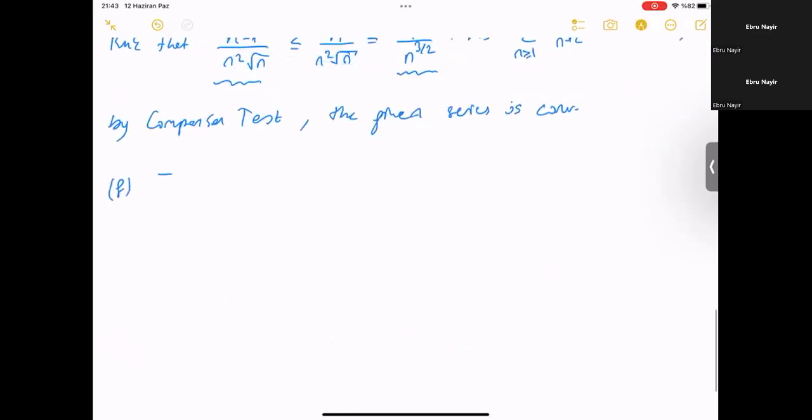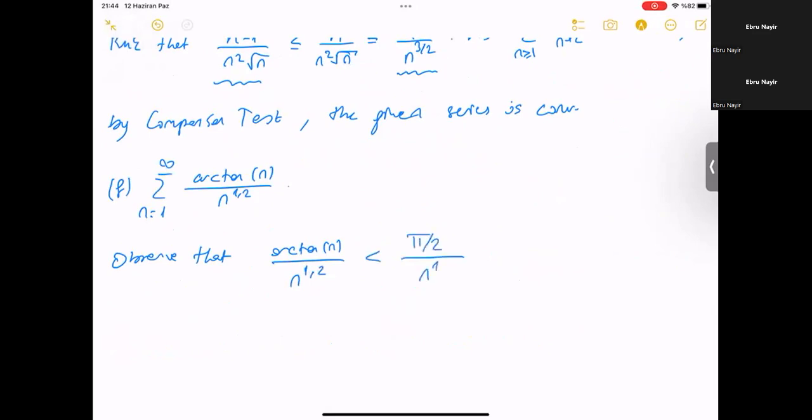Now in part F, we have the series arctangent of n over n to the 1 over 2. So observe, arctangent n over n to the power, and it's less than this one. Why? Because arctangent is bounded by pi over 2 above and by minus pi over 2 below. So we have this inequality for all n greater than or equal to 1.